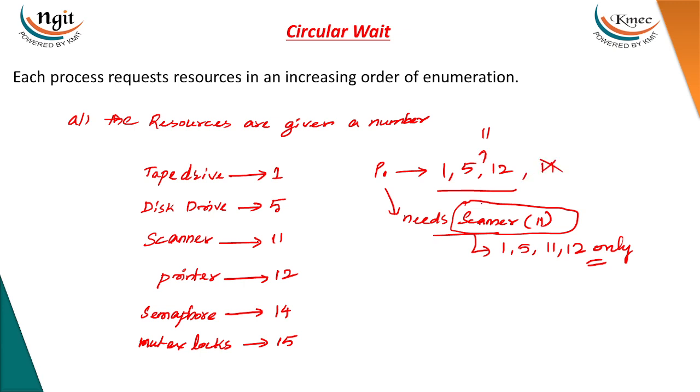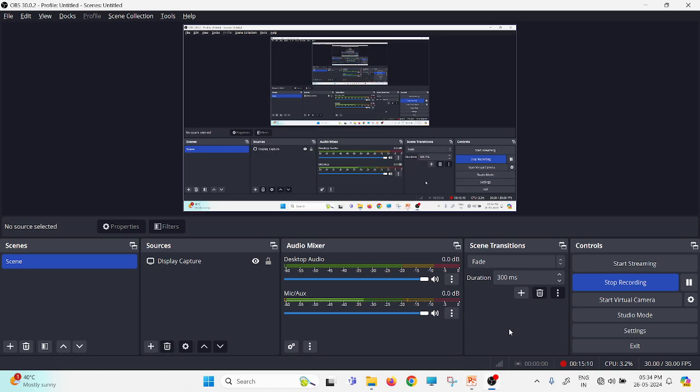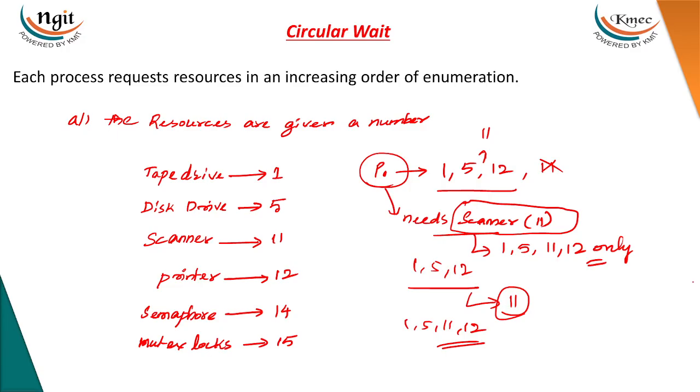So this particular process has to release 1, 5, 12 and ask for 11, that is the scanner, so that 1, 5, 11, 12 will be allocated to P0. So this is how we can break the circular wait.